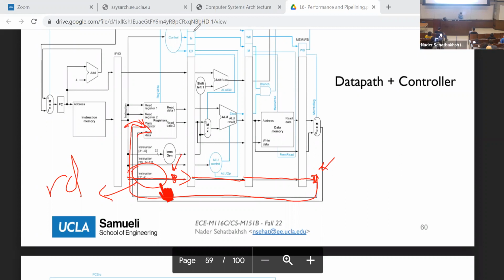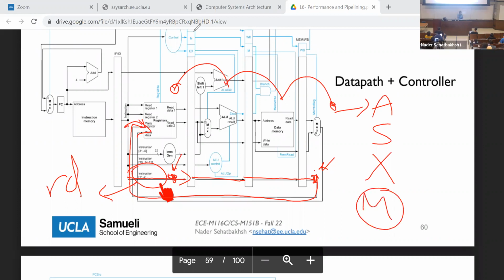So for example, if you have an add, a subtract, an XOR, your add goes to the decoder, then your add goes to the execution, then your add goes to the memory, and now your add goes into your write back stage. So this signal is from your add, but this signal here is from whatever this other instruction is. Let's say, for example, this is memory.